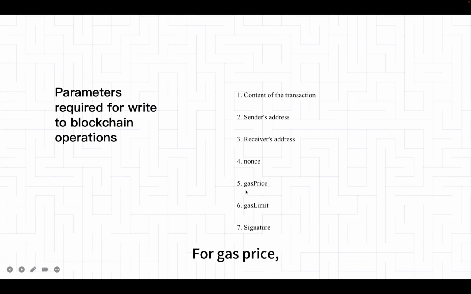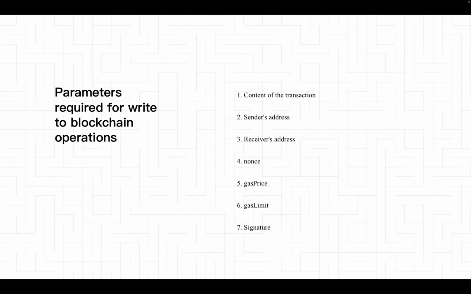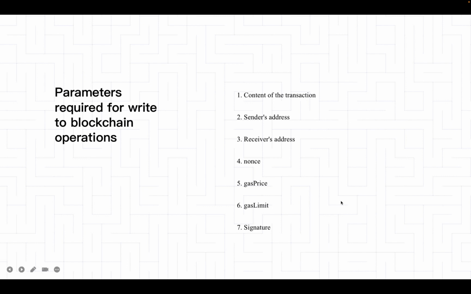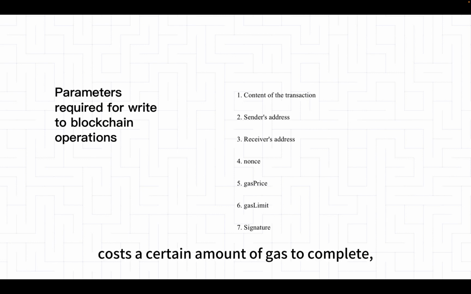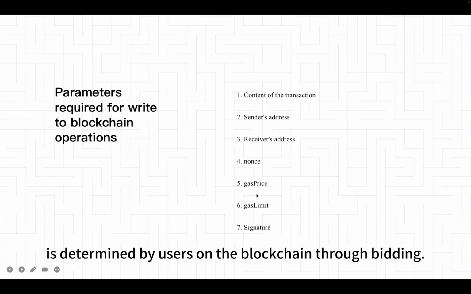For gas price, it's the actual cost per unit of gas set by the sender. In the Ether network, the gas is a unit of computation required to execute a smart contract. Each transaction costs a certain amount of gas to complete, and the price of gas is determined by users on the blockchain through bidding.